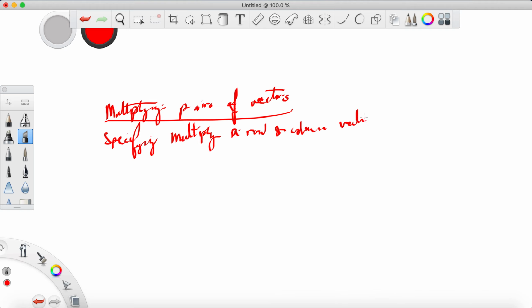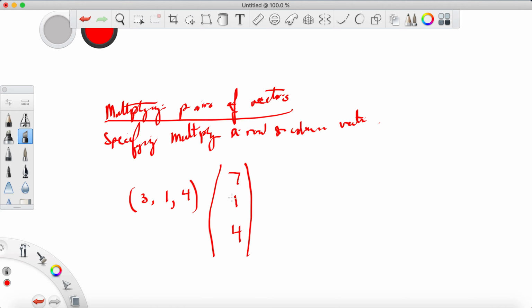Okay, so your row vector, I'm going to use commas to help separate it. And that's a row vector, and then this is a column vector.